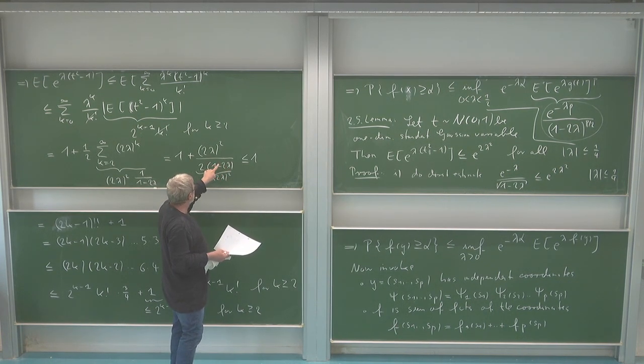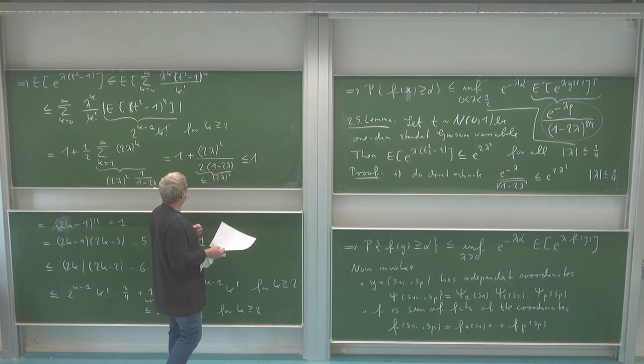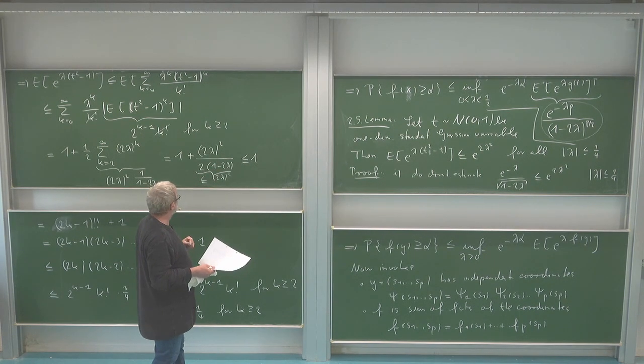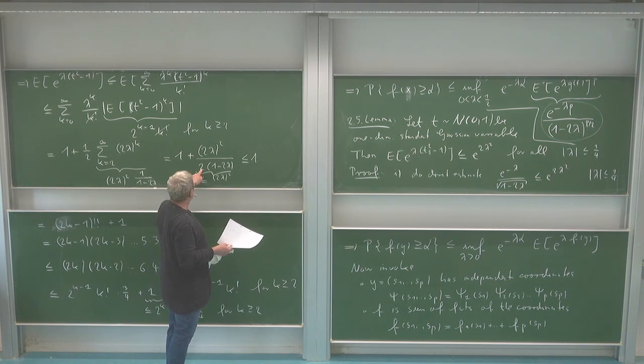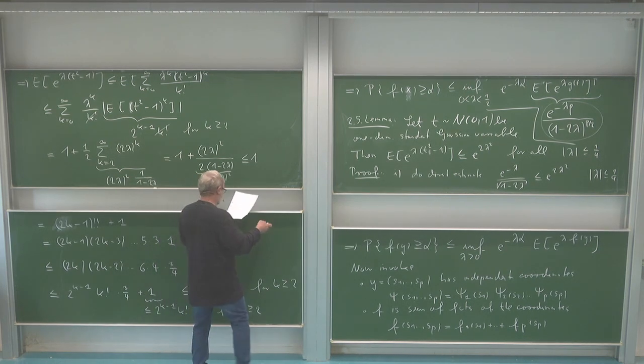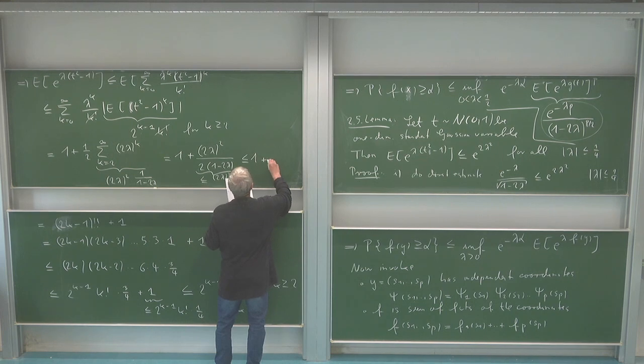So I'm dividing by 1/2, which means with this factor 2, I'm just dividing by 1. Okay, so it seems to be less than 1 plus 1 over 4 lambda squared.